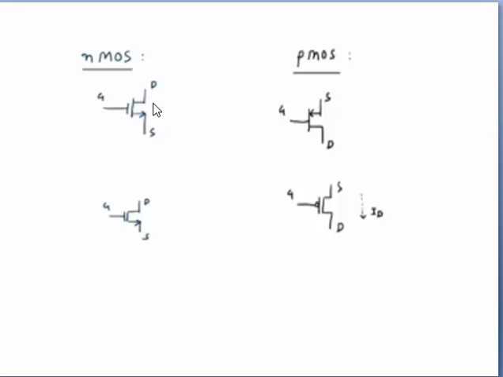Here we have the output voltage VDS between drain and source, and the current flowing here is the drain current, flowing from drain to source. Also IG is equal to 0, the gate current is 0, and we have a gap between these two plates. So there is no physical channel, but there is a virtual channel when this MOSFET is on.